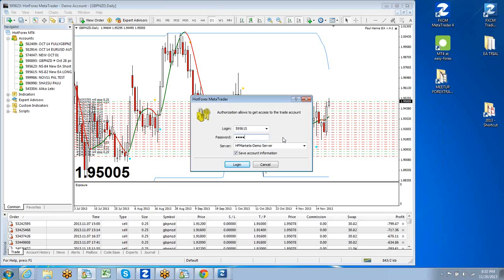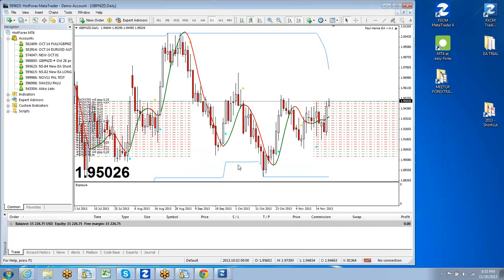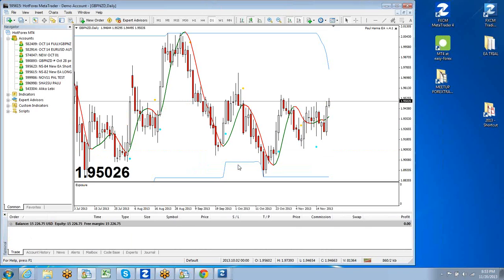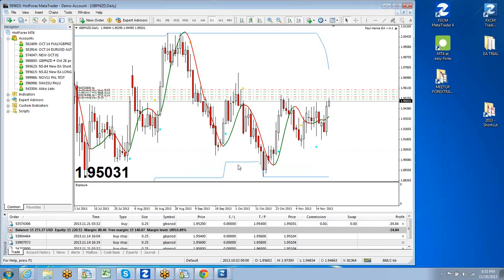That's also making money, but only half the money because of ADR, average true range. Today or tomorrow I'm going to shift it to GBP NZD, because it's doing the same thing but taking almost half the trades that GBP NZD does.